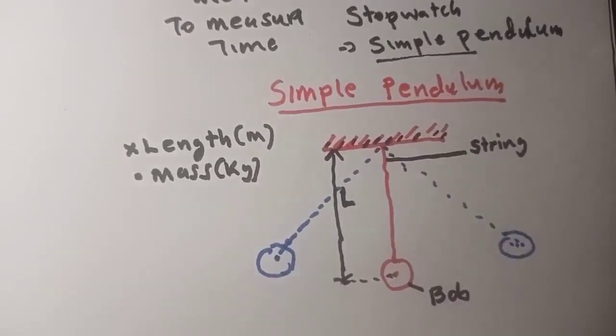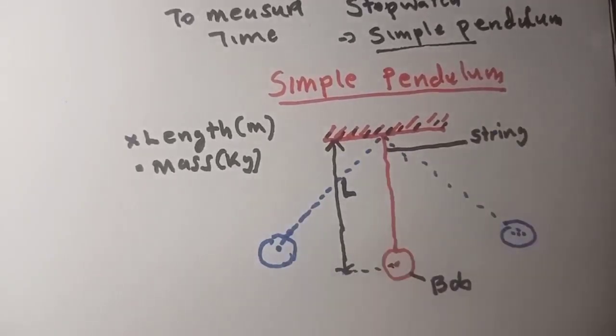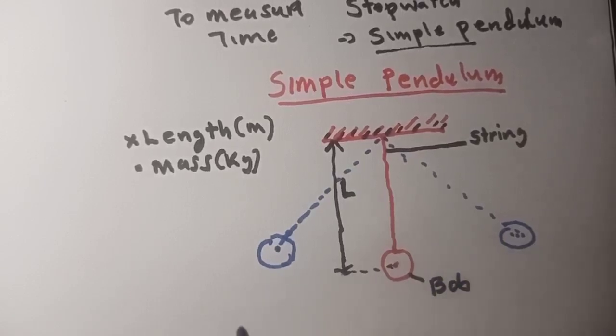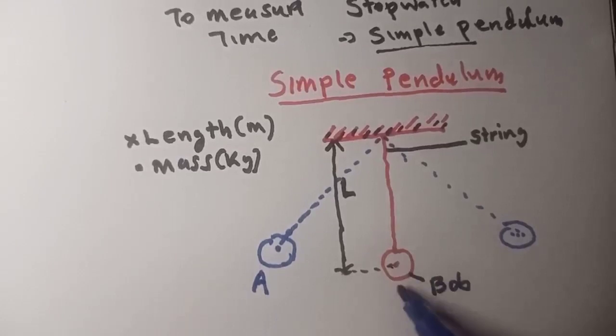You find that most of the diagrams, the simple pendulum is shown like this. But these are just positions. It's not that you have three bulbs and three strings. These are just positions. When we swing it here, we'll call this position A. Where we started from, before it was swung, is called the rest position.